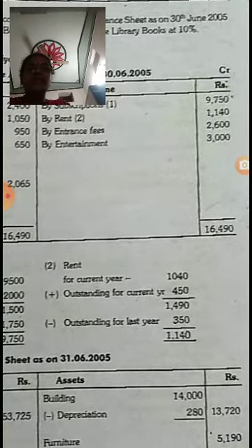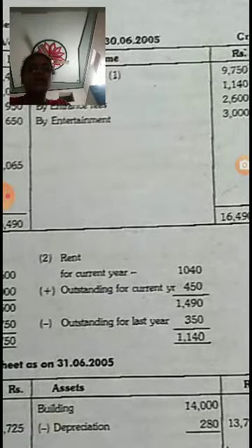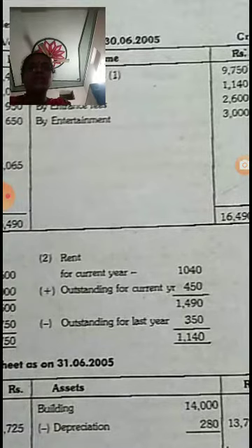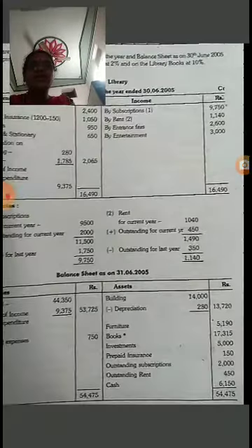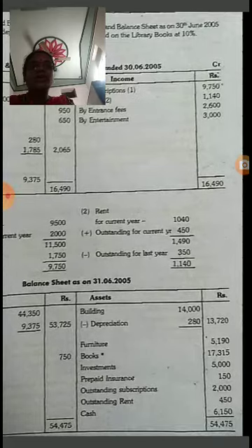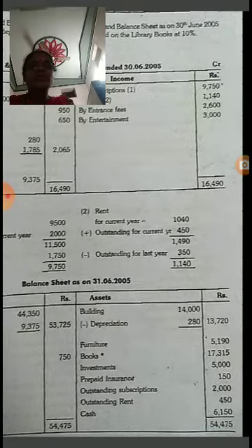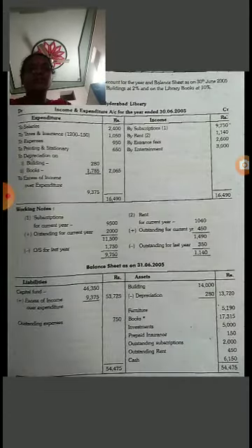Rent for the current year 1040, outstanding for the current year 450. The total is 1490 minus outstanding for the last year, that is 350, 1140. So here rent is 1140, entrance fees 2600, entertainment that is 3000.